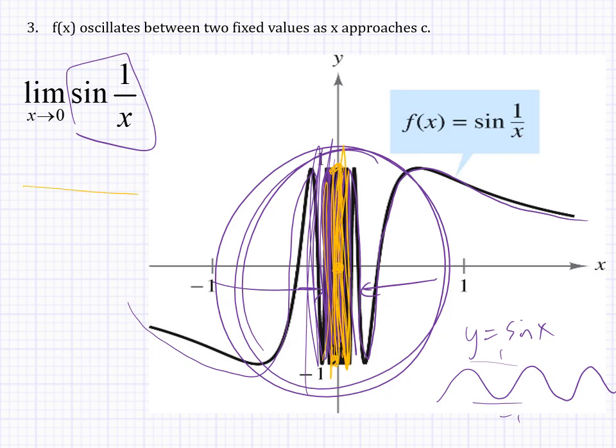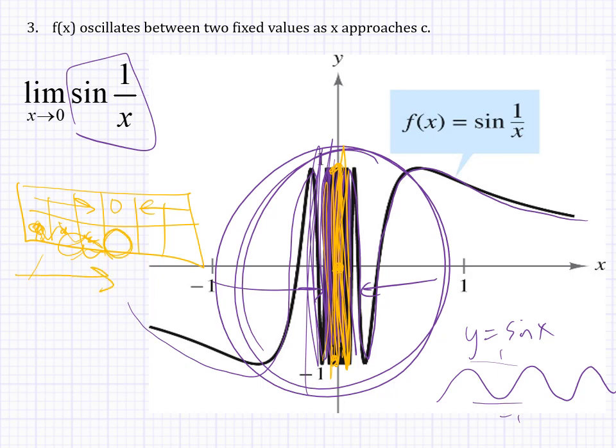And even if I made a table and I put 0 in the middle and I pick x values here and I pick x values here, I plug them in, and look at what the y value is, my y values are going to be all over the place. They're going to be -1, +1, things in between, and it's not going to be a smooth transition into a single value.